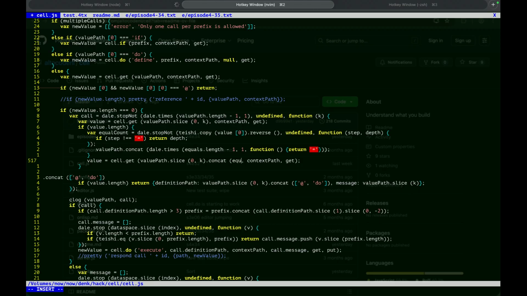Concats equal count return 1. If it's only 1, then it's just a reference to something else, so you won't find anything there.